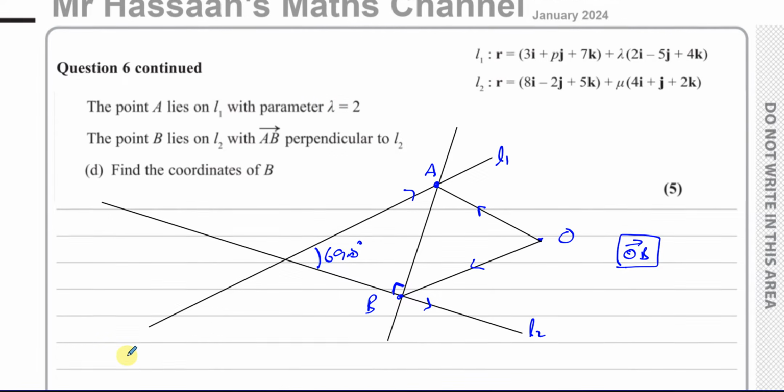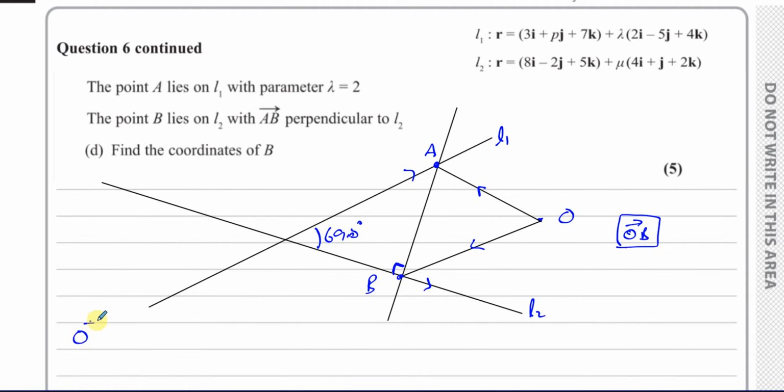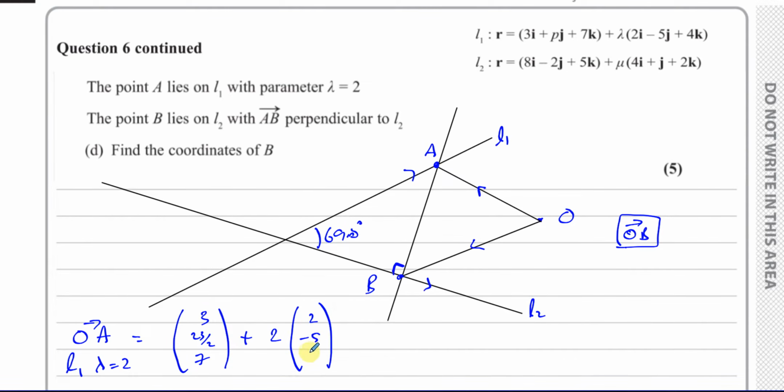So the vector OA is on line 1 when lambda equals 2. So I can take line 1, which is 3, 23 over 2, and 7, plus lambda, which is 2, times 2, minus 5, and 4.